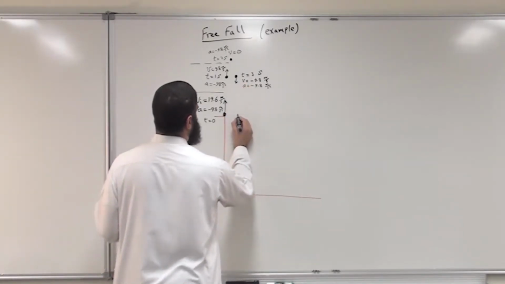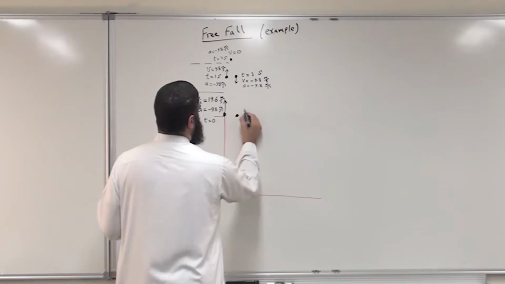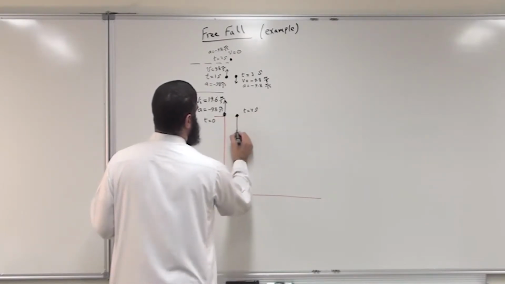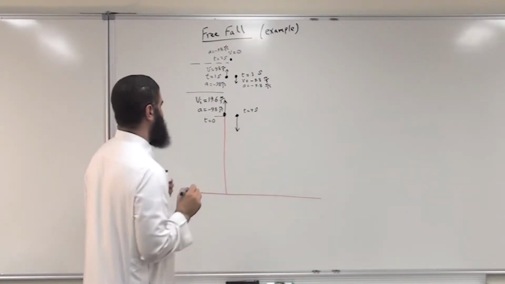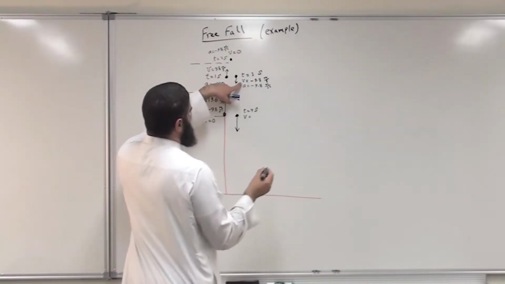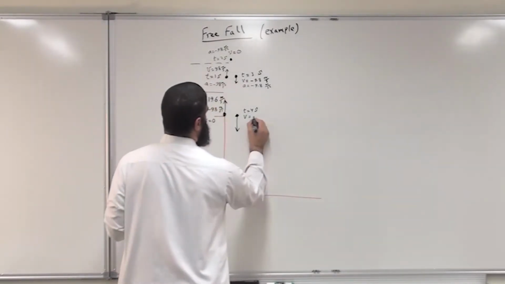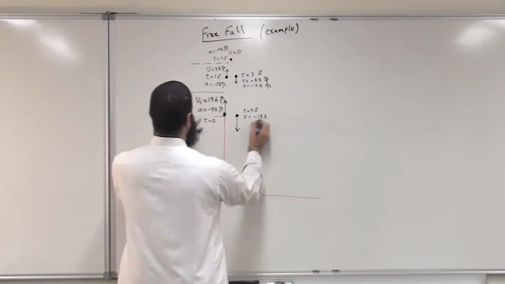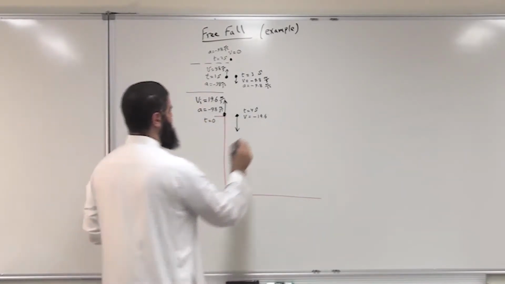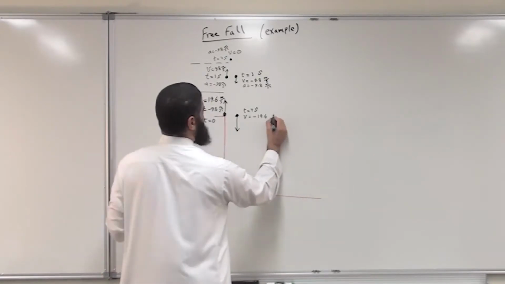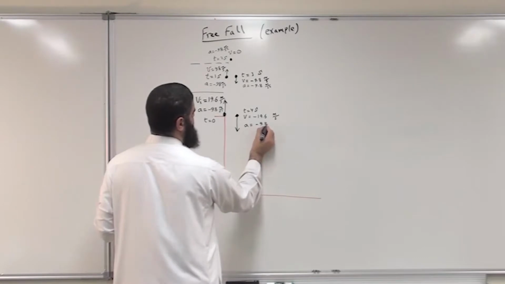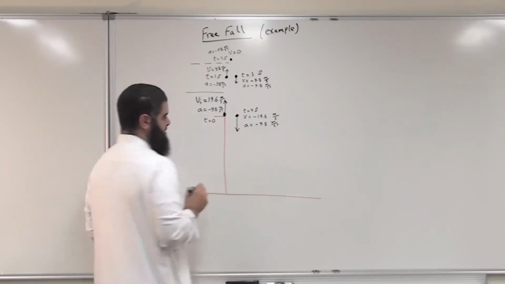1 more second later, my object will be here. When the time equals 4 seconds, its velocity is more and more downward, increased by 9.8. So this is minus 19.6, which is the same as the initial velocity at the same vertical position, but now it is moving downward, and the acceleration is still minus 9.8 meter per second square.